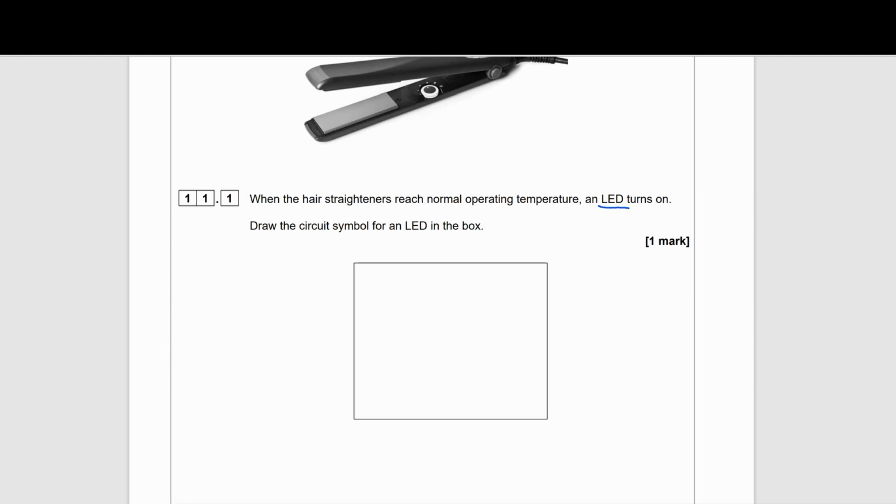Well, let's remind ourselves what LED stands for. It's a light emitting diode. So we want this light to be given out when the hair straightener reaches its normal temperature. So our circuit symbol for an LED, to do simple recall, should be 2 lines with a circle separating them.